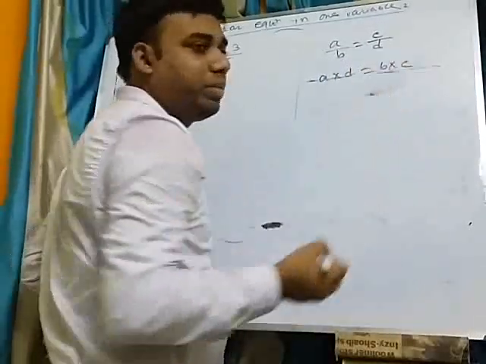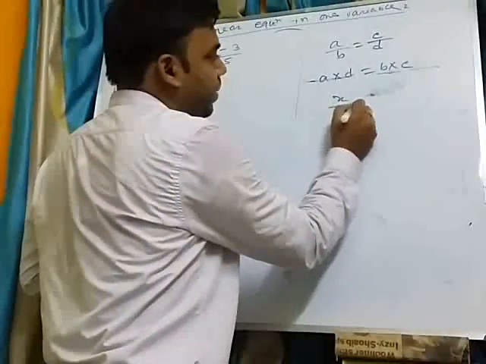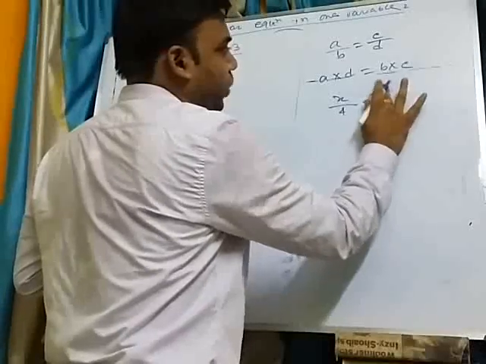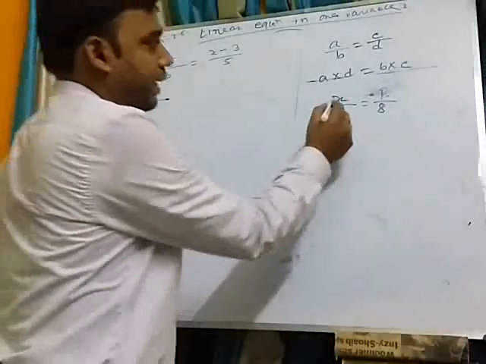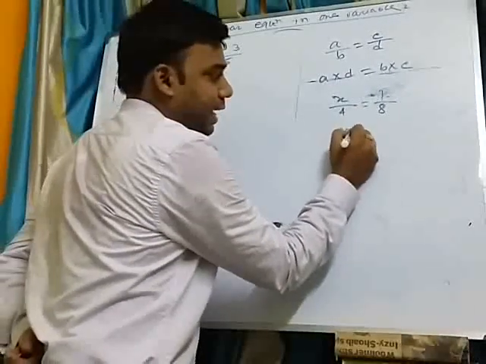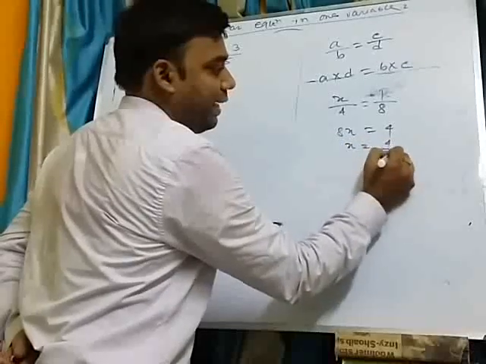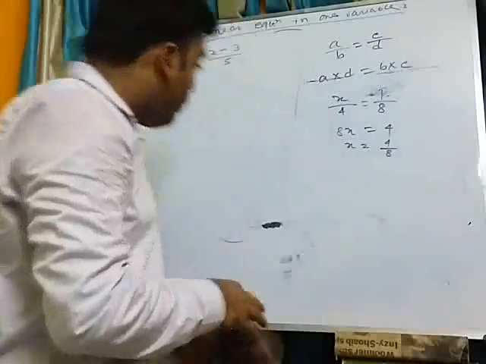That is called cross multiplication. For example, 6 by 4 equal to x by 8, that is x into 8, 8x, and 4 into 6, 24, so x equal to 24 by 8.